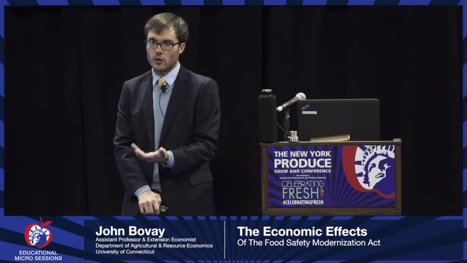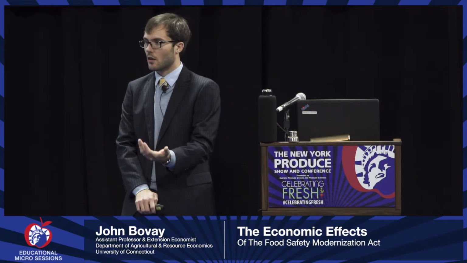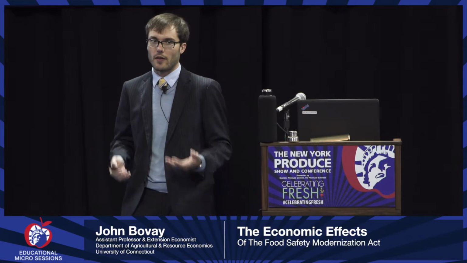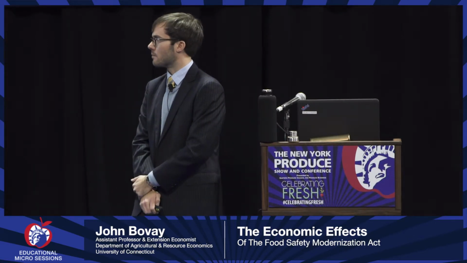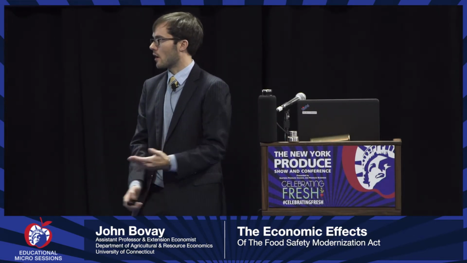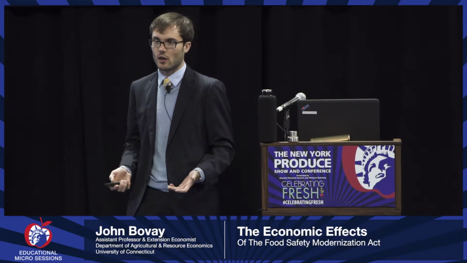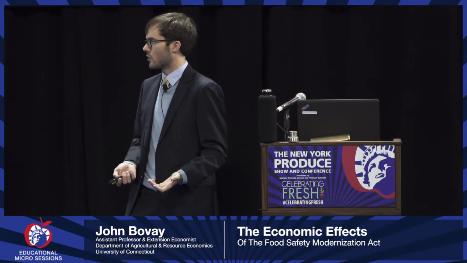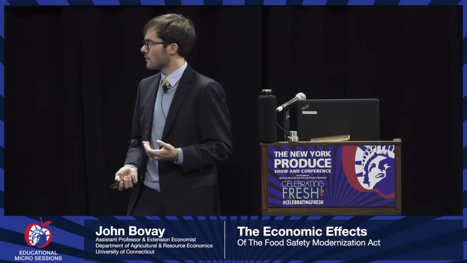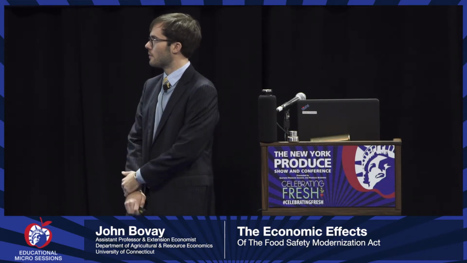Workers also have to undergo training so that they understand what the rule requires for all these things. They understand that they have to wash their hands. There are some other things. Sanitary standards for harvesting equipment is going to be a big one potentially. I won't go into the others here.